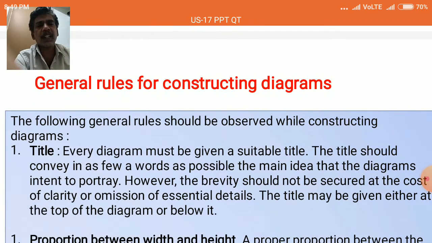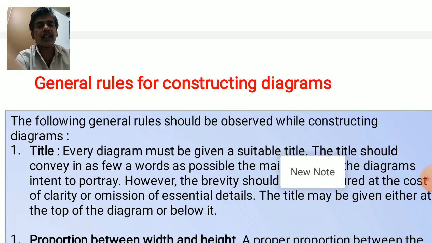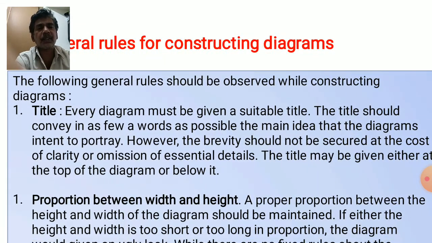Now, general rules for constructing diagrams. What are the general rules that should be observed while constructing diagrams? The first one is the title. Title is the first general rule for constructing a diagram.